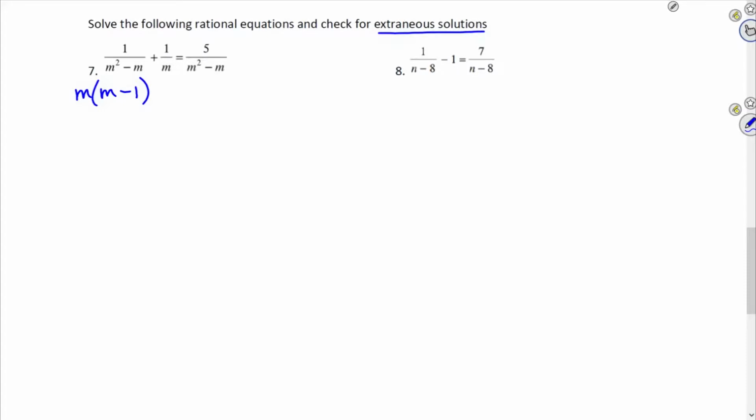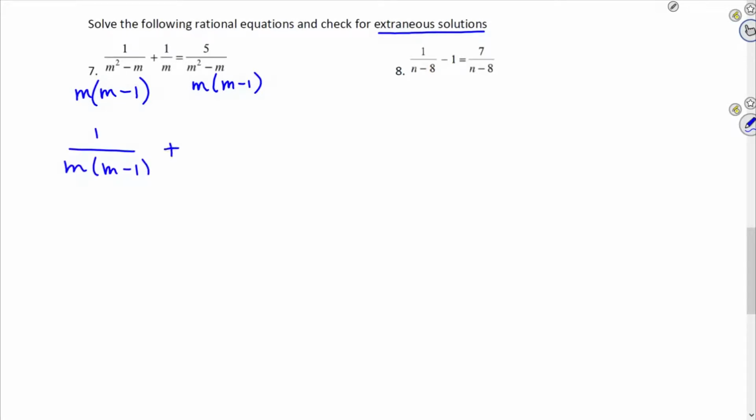This middle m can't be factored anymore, and this one over here, m squared minus m, is the exact same thing. I get m times m minus 1. So it looks like my first term and my last term already have my common denominator. That's fine. I have 1 over m times m minus 1.